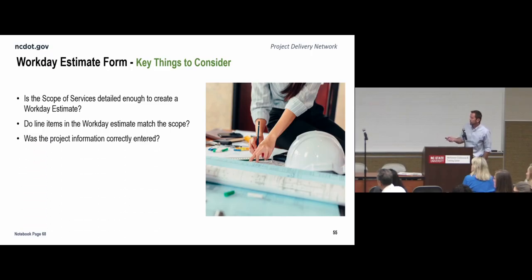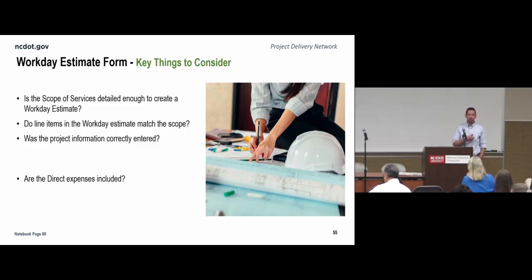Do the line items in the workday estimate match the scope? Well, we just covered that. Yes, generally speaking, but not always. And is the project information correctly entered? I would hope so. Those are things like staff initials at the top, firms preparing the estimate, and units matter, for example.